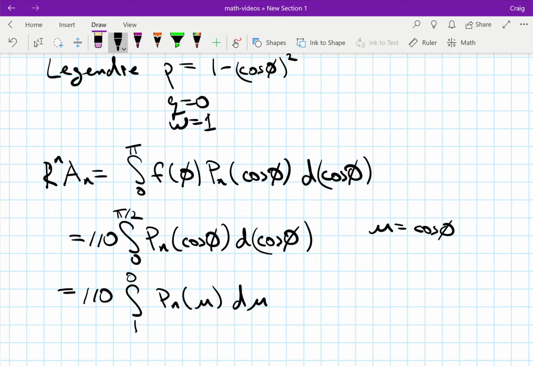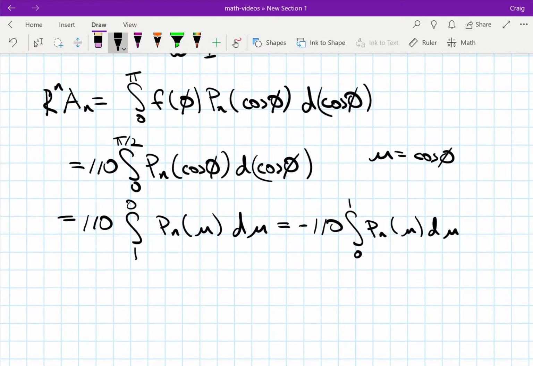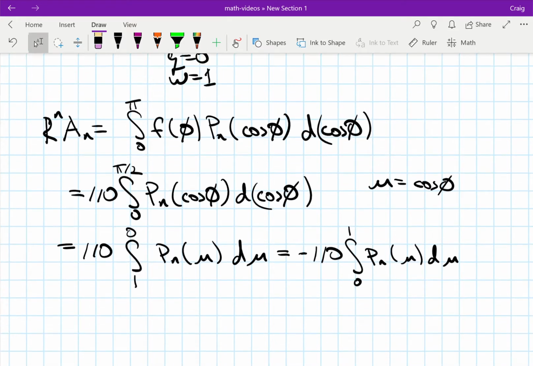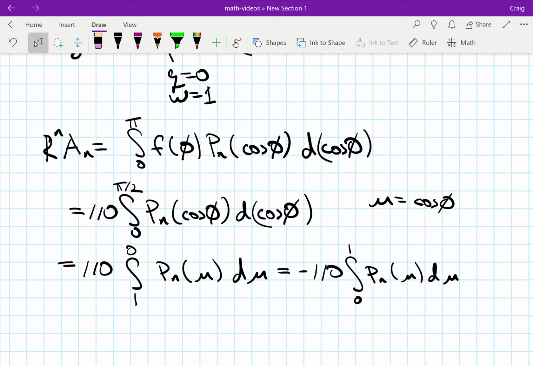Okay, so I have an overall negative 110, integrating from 0 up to 1 of Pn of mu d mu. Oh, I'm sorry, I'm missing my normalization factors here.